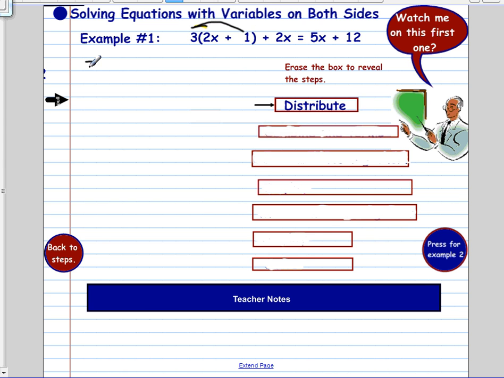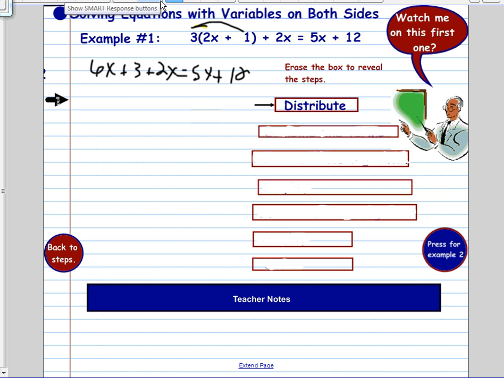So we would end up with, excuse me, 6x plus 3 plus 2x equals 5x plus 12.